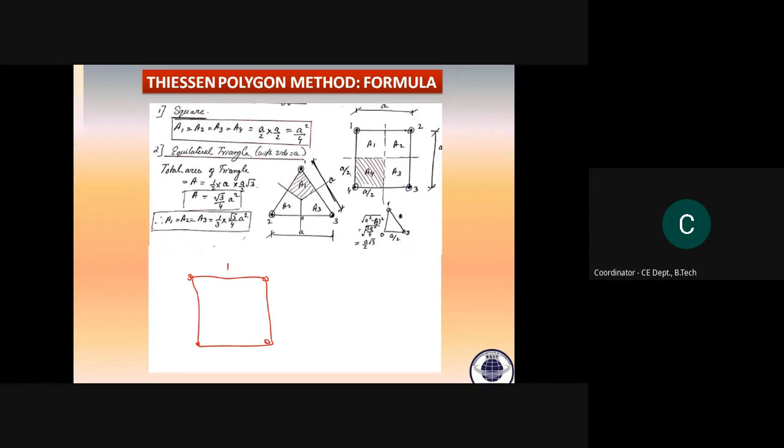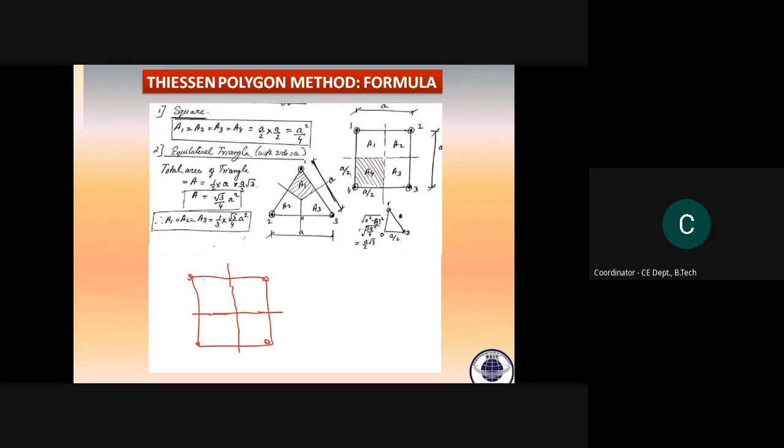This is the perpendicular bisector for this line, and this one, and this one, and this one. Now join all these lines. Suppose we got it like this. Since it's a square, they will meet at the center only, right?